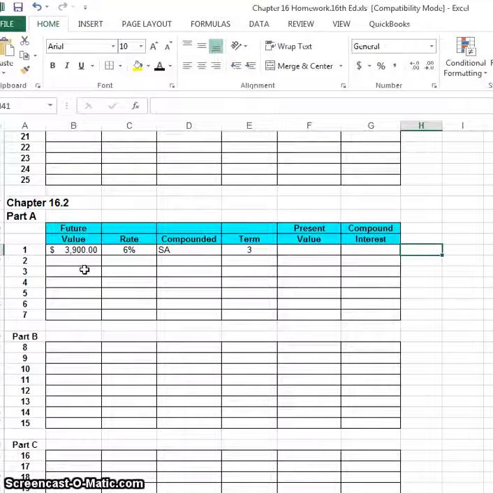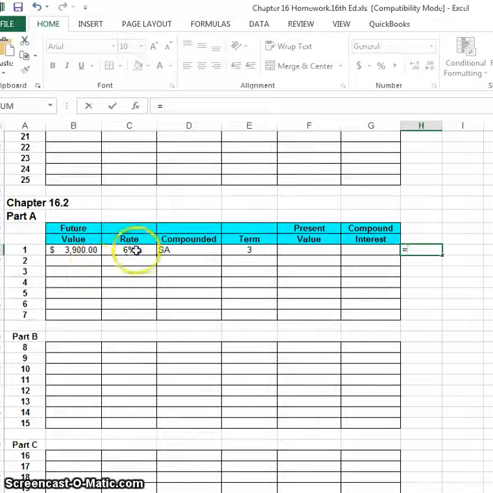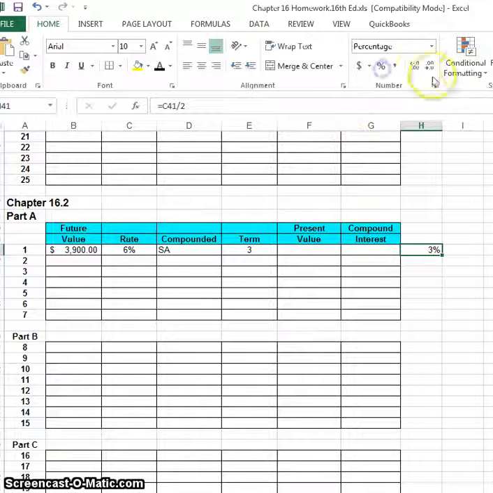We're going to do the conversions of the percents and the interest periods exactly the same as we did above. So here is the 6% compounded semi-annually, so I need to divide it by 2. Semi-annually is twice a year. Change it to a percent, add some decimal places.